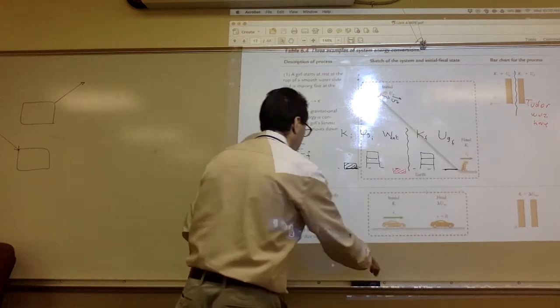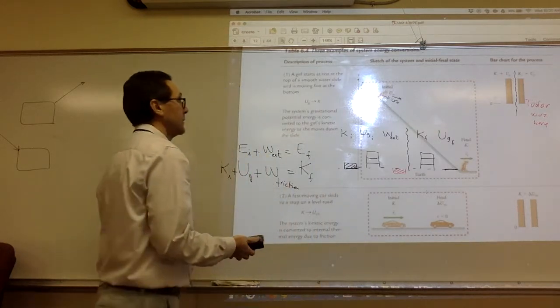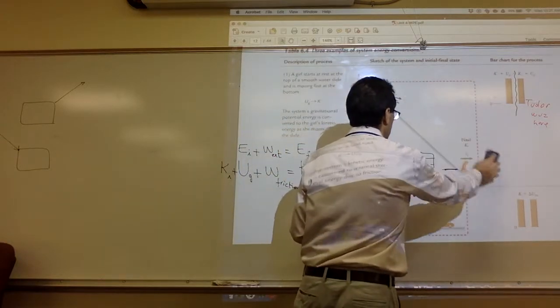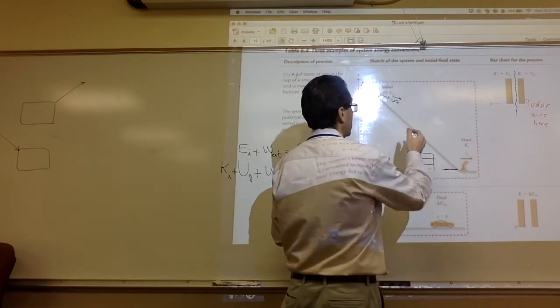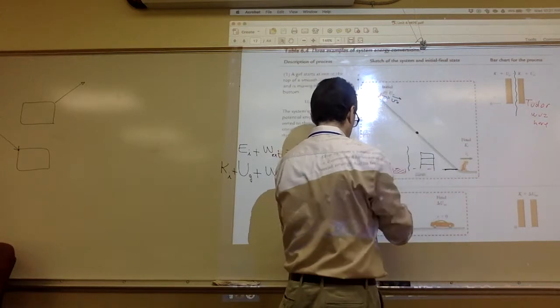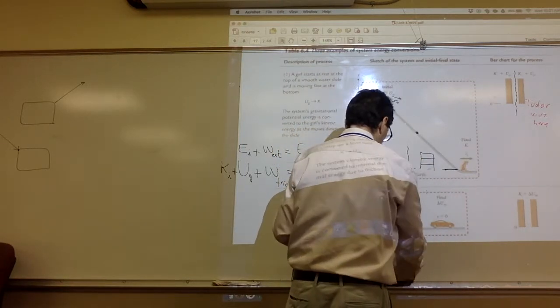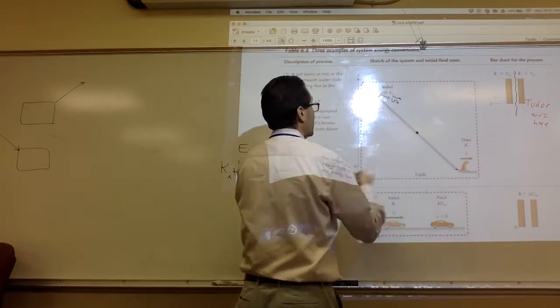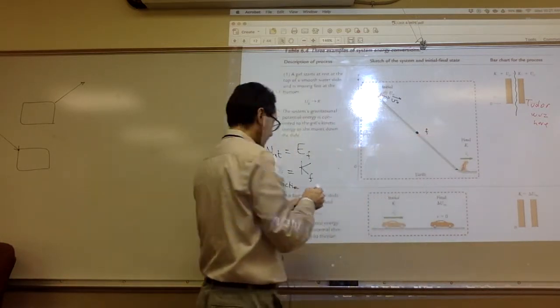Now we can keep adding to this. Let's just try to figure this out when she's maybe halfway here, right? Halfway the height, okay? Same thing as halfway down that way. So let's see what this is going to look like. I'm going to make this my final state, okay?